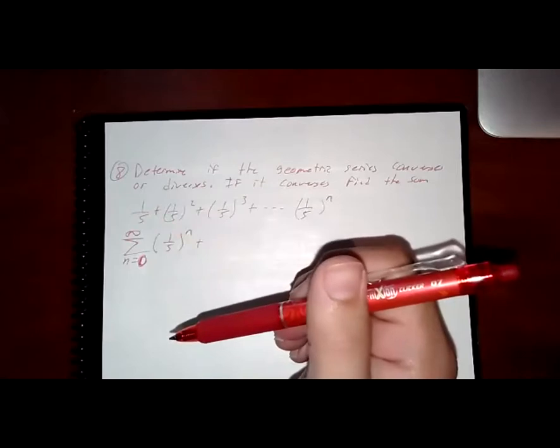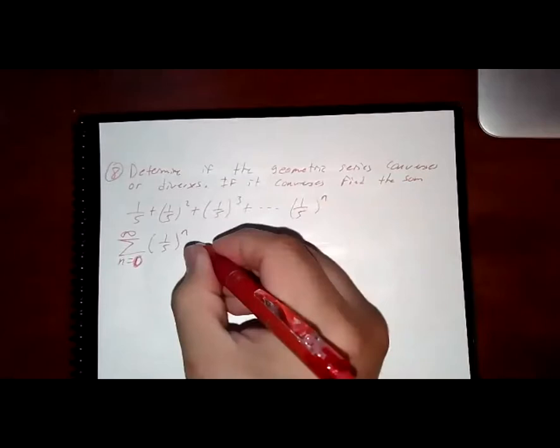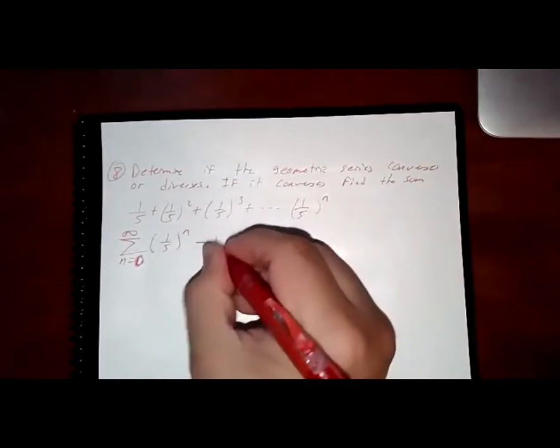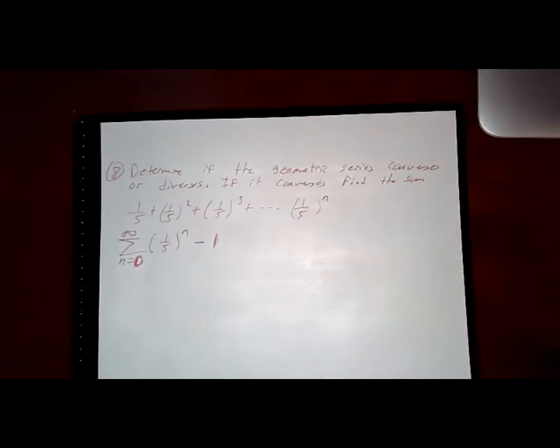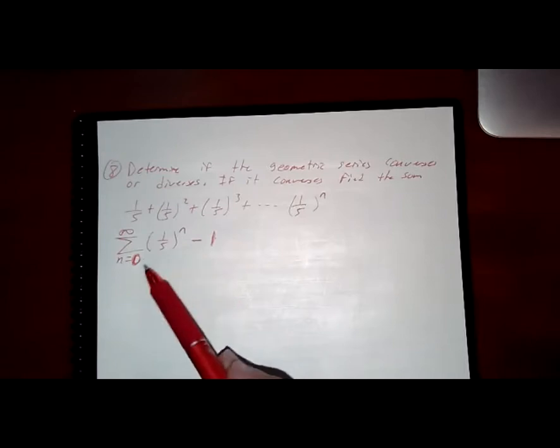So what I need to do is subtract that extra term to force it. It would be 1/5 to the n minus 1, to force it, or just 1? Because I only want it to happen once. So I want this to be part of the series.